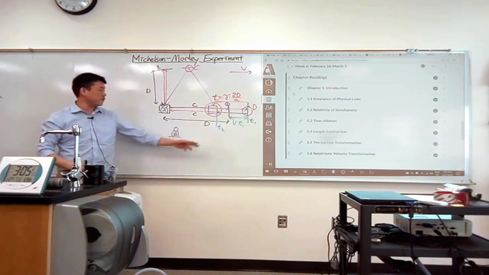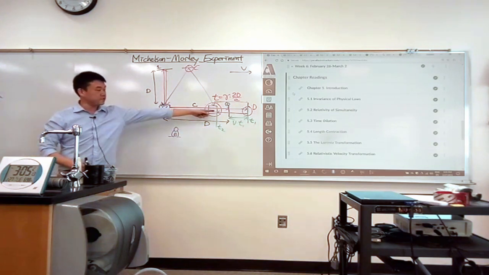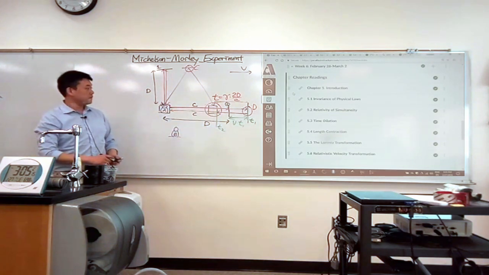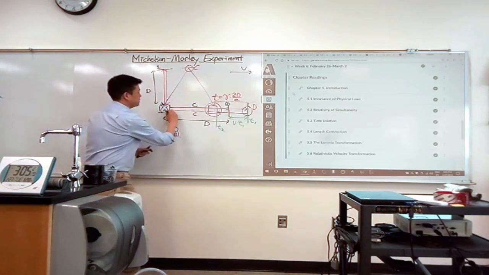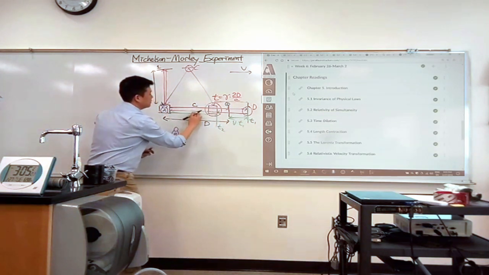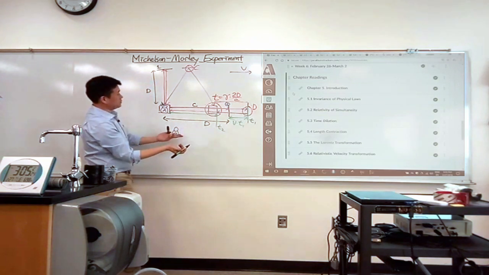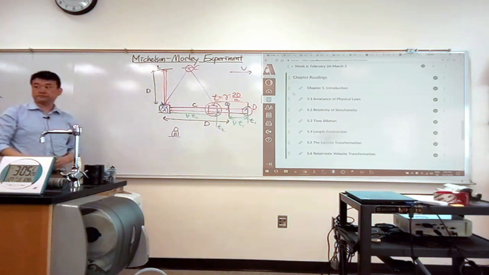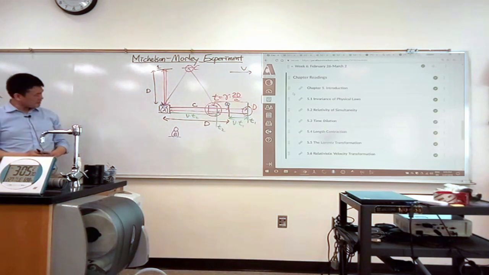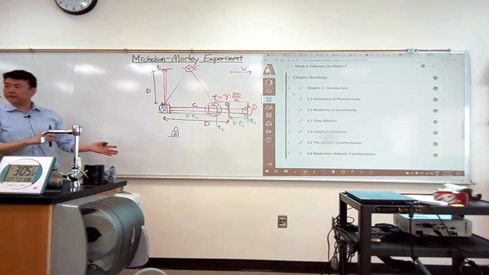So this T2 is from 0 all the way to this moment in time. This apparatus has moved this distance here. So that must be speed v times T2. Good? All right, I think that's all the geometry I need to figure this out.